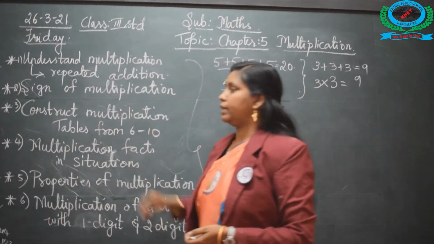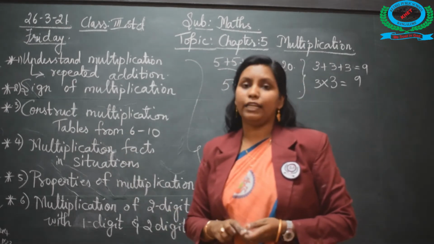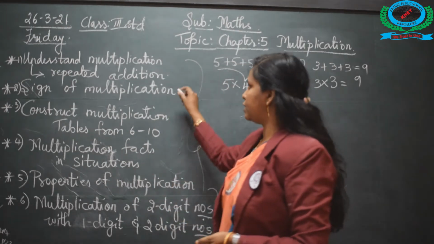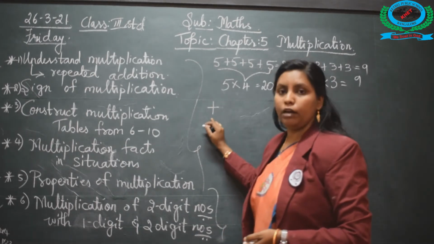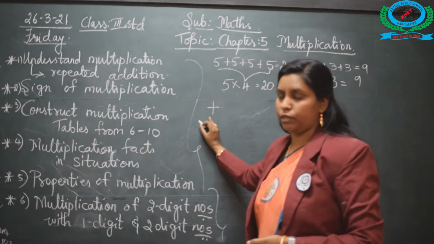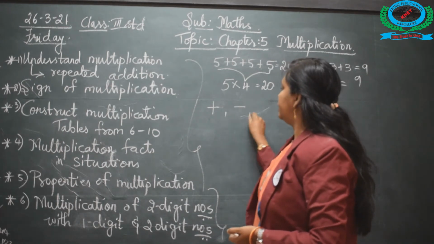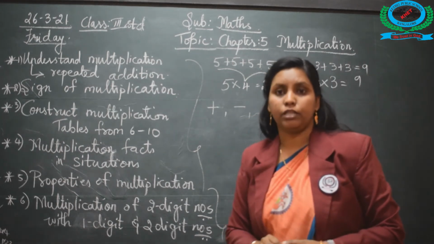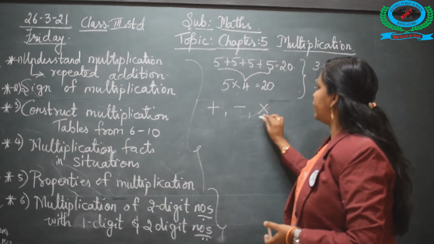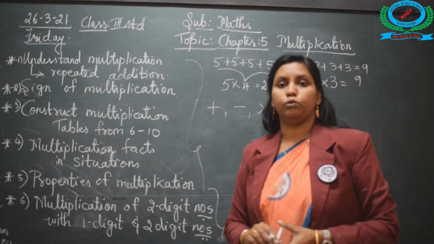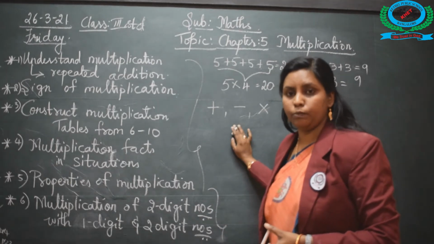So moving on to the second subunit, it is the sign of multiplication. What is the sign of multiplication? This is a plus sign. It is used in addition. This is a minus sign. It is used in subtraction. Okay, solving all the subtraction sums. The multiplication sign is a cross and it is read as into. Okay.